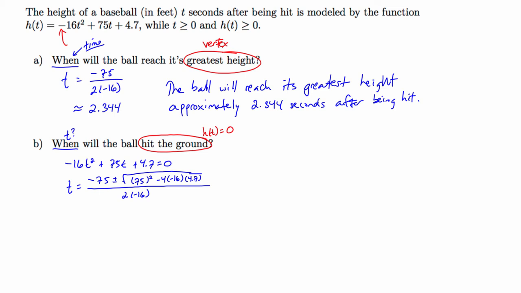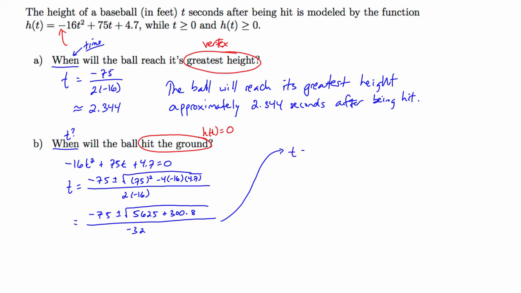So we obtain the statement, t is now equal to negative 75 plus or minus the square root of 5,625 plus 300.8, all over negative 32. Bringing this back up top to give ourselves a little bit more room, we can now add 5,625 with 300.8 to obtain 5,925.8.